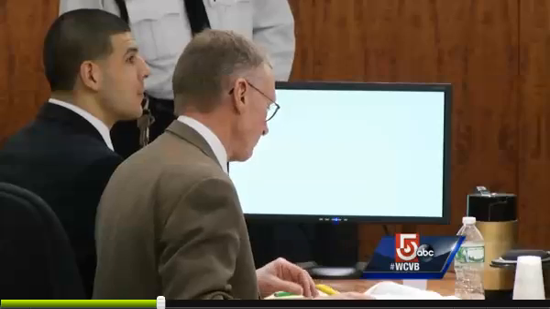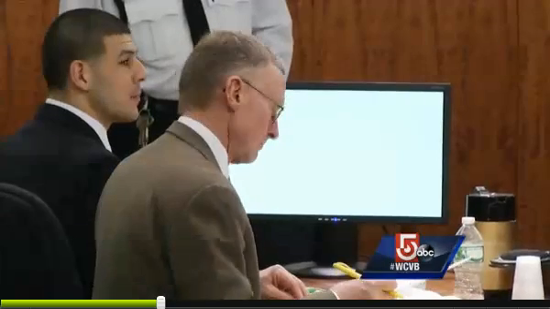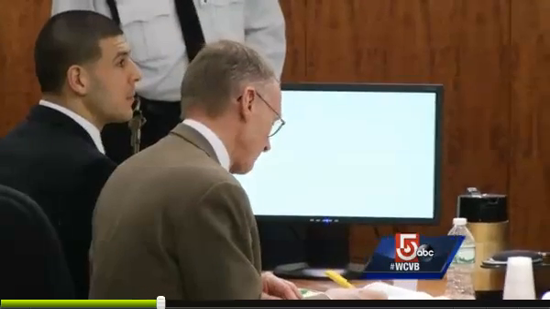From time to time, there may be photographs that are introduced that you may find graphic. And I just want to remind you that these photographs are being introduced solely for the purpose so you can see the position of the body or see any visible wounds, and consider such matters when you consider the case.